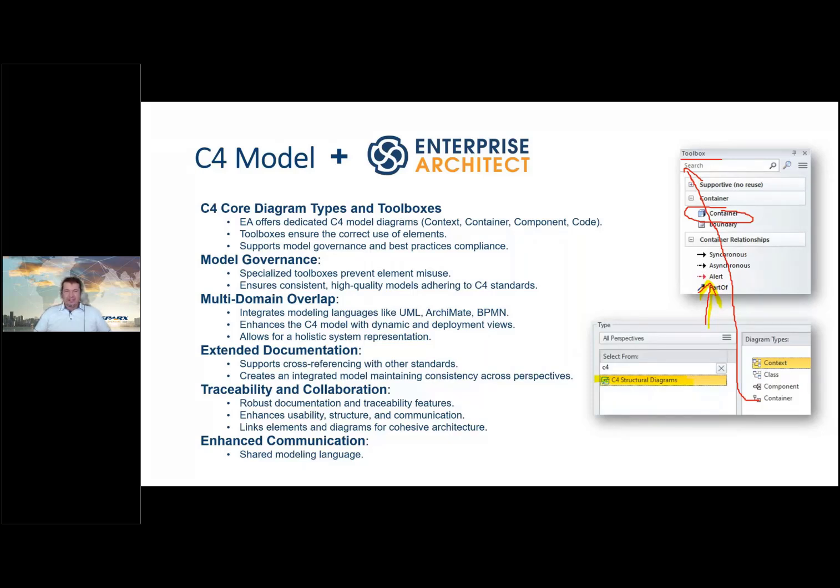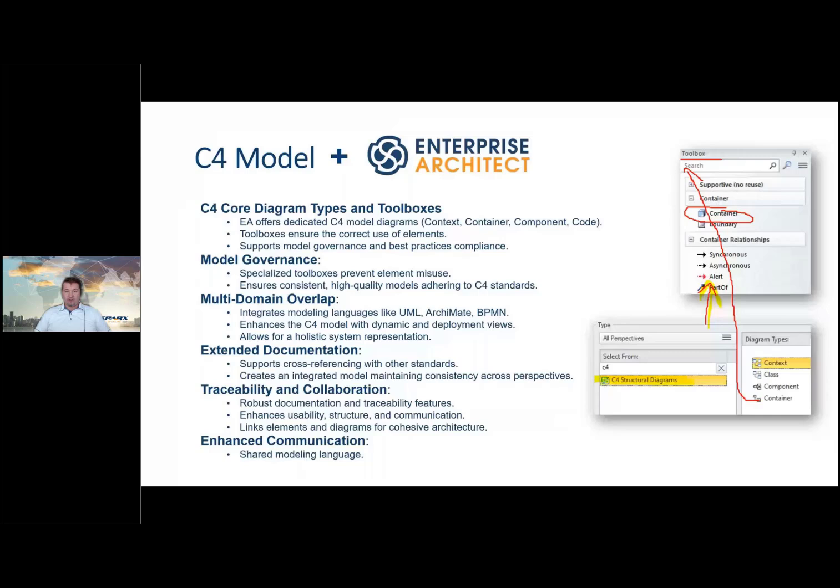Also, there is a feature related to documentation. It extends the documentation capabilities, enabling cross-referencing with various standards, ensuring alignment across perspectives. And not to forget about traceability, because traceability is a very important aspect, and EA is very good at it.